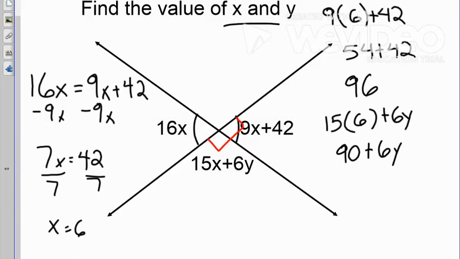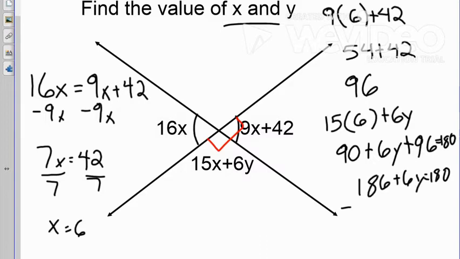So you know what that is, right? Now we've got plus 96, and that is going to equal 180. So 90 plus 96 is going to be 186 plus 6y is equal to 180.